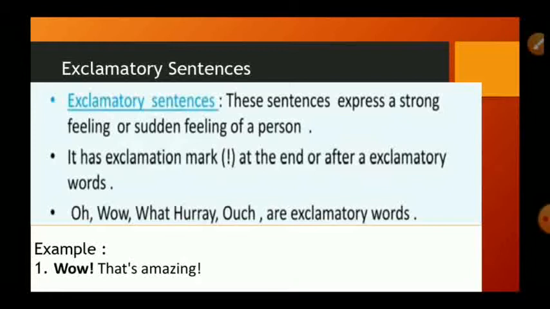It has an exclamation mark at the end or after an exclamatory word. Some words are oh, wow, what, hooray, ouch, which are exclamatory words. For example, wow, that's amazing. It is showing a strong feeling of amazement. So in this sentence we have used an exclamation mark, and this sentence is called an exclamatory sentence.